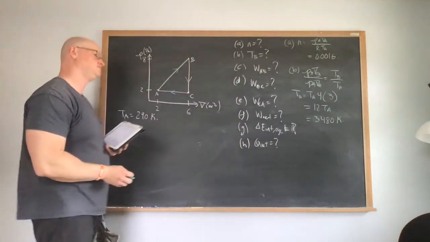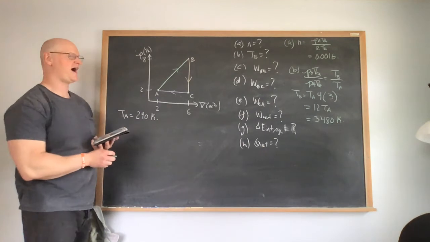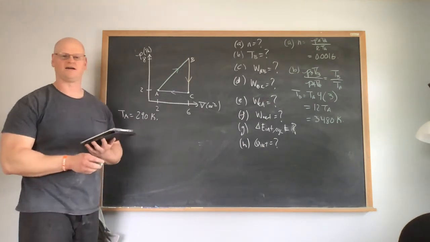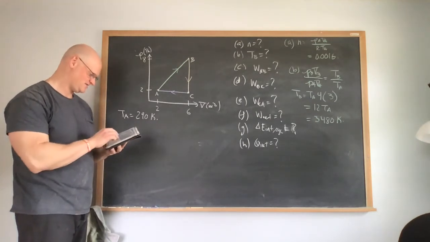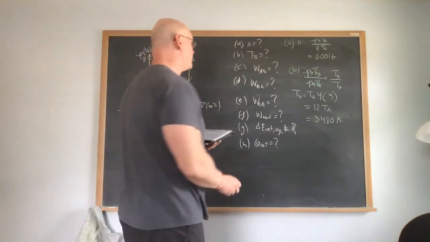So that's a lot. That's almost half of the surface temperature of the sun. So basically at this stage my heat engine would have melted, but let's not worry too much about that. These are just hypothetical numbers. Great. So good. So that's part B.